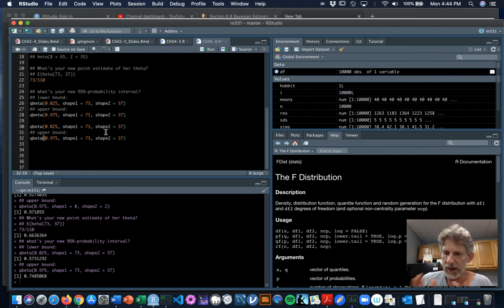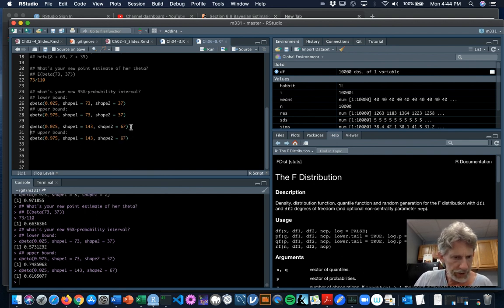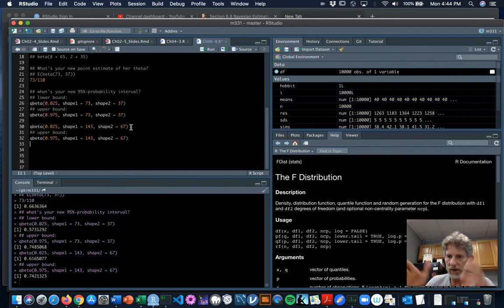Let me see, if she makes another 70 out of 100, then I've got to add 70 to the 73 here, so it's 143. She missed 30, so I've got to add 30 to the 37. So let me change those. And now my lower bound is up to 61.6, and my upper bound is at 74%.